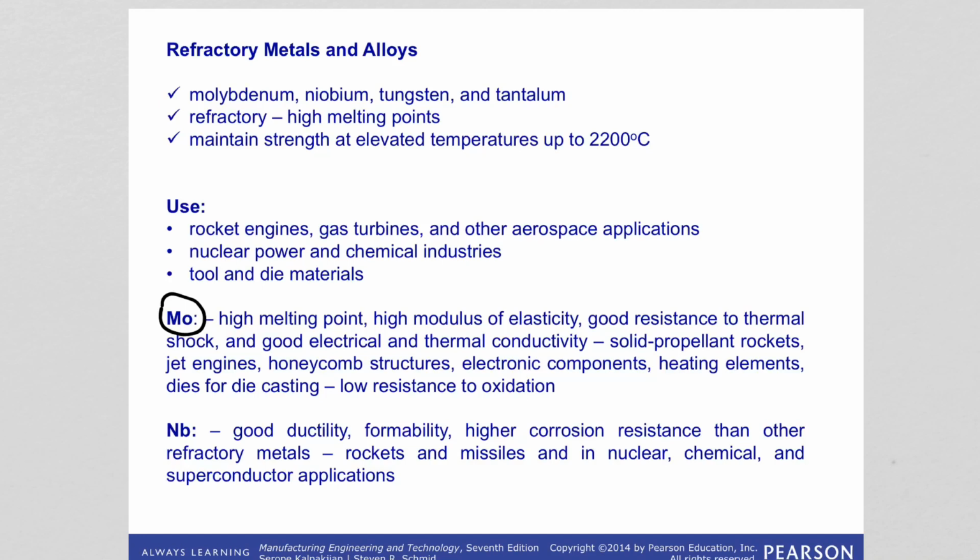It is used in rockets, jet engines, honeycomb structures, meaning composites in the shape of honeycombs, and electronic components, heating elements, dies for die casting. But the bad thing is that it has a low resistance to oxidation, which can change the properties, right? Because the surface is oxidized, it can induce undesired properties in the material.